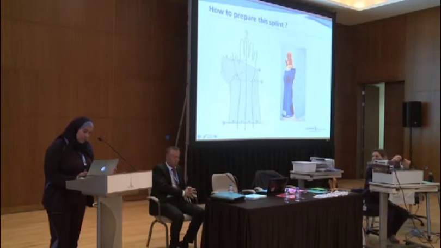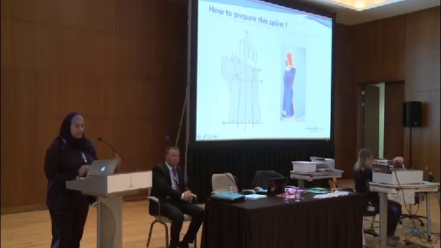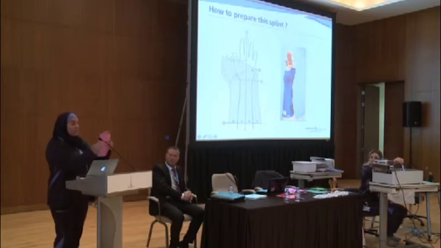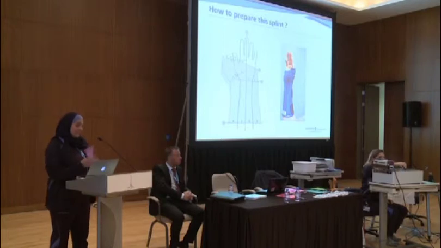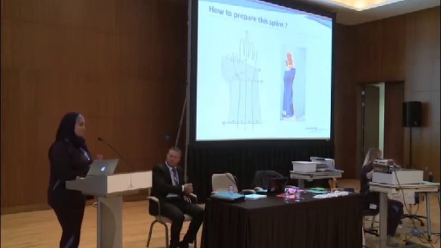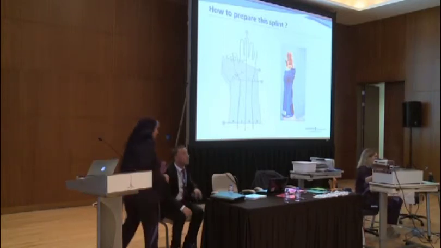After that, we shape our model. Same thing, we put it on a thermoplastic. It gives us more or less this shape, which is already in the water. I hope it's warm, and we do the splint.